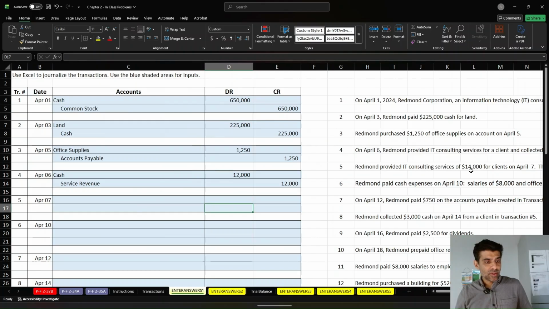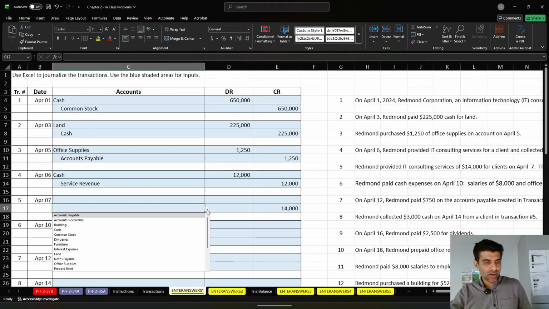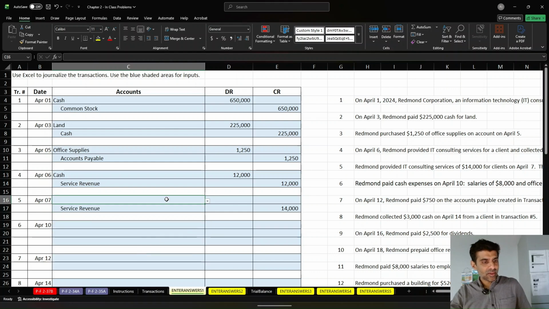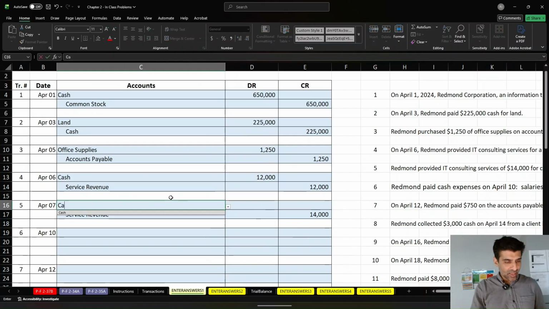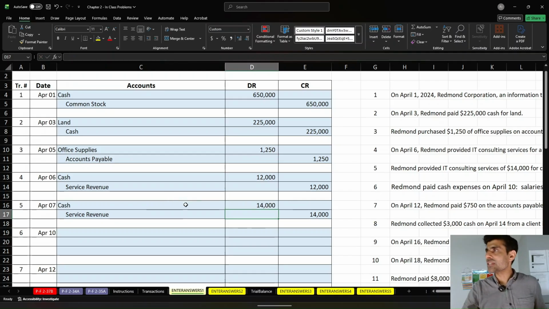So it's going to be the same credit. It's service revenue. We're doing kind of the same action as before, where we're providing services to our clients. However, they're not paying us cash right away. So if we did collect cash, it would just be pretty straightforward. We would debit cash just like we did in the last one. But they're not paying us yet.